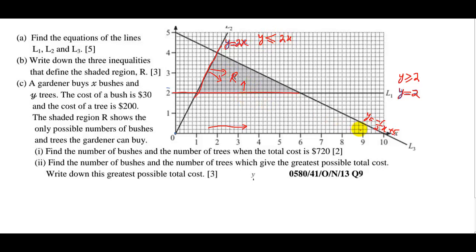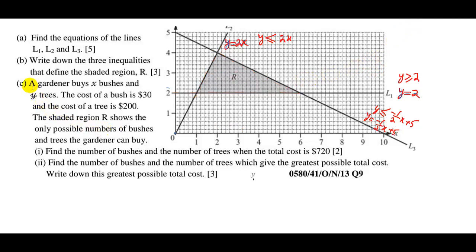Now this third line is also a boundary of this region. If you move in this direction, you can observe y is decreasing. So the inequality of this is y is less than or equal to minus 1 over 2 x plus 5. You can take either x or y to find the inequality.